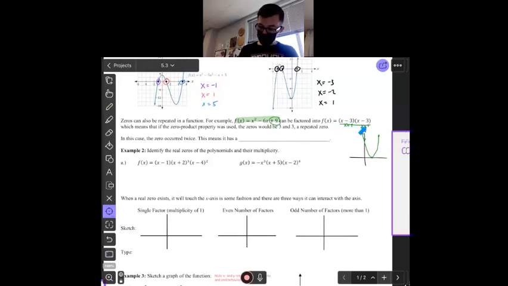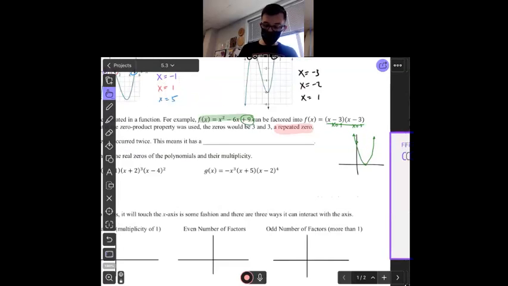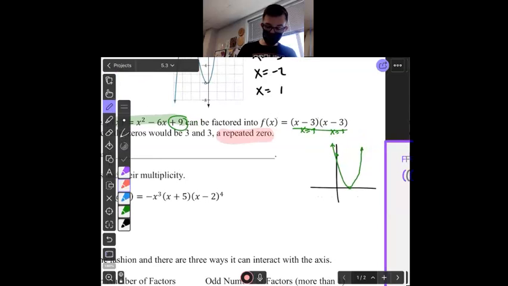So it has the same zero twice, same x value twice, and so it's a repeated zero. I call that a double root. The phrasing here doesn't really matter, but again, any of you guys that were with me last year might remember that term as a double root. But with that double root, what we see is a bounce.